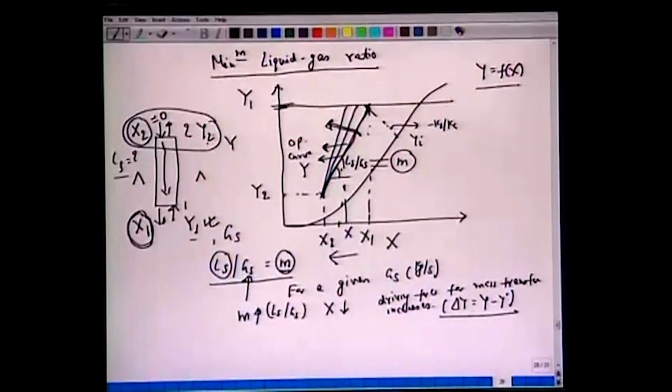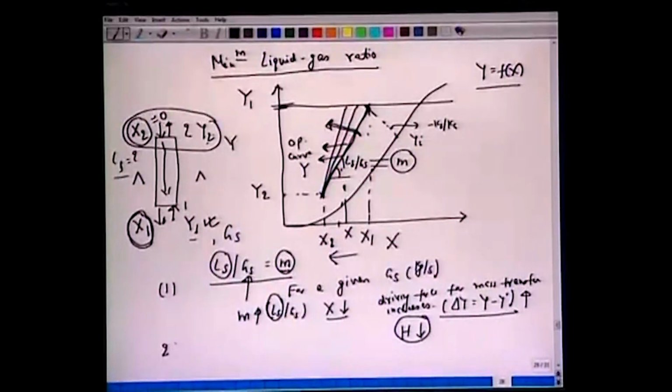And if the driving force increases, we expect the height of the column to decrease. So taking a large amount of liquid, we have a reduction in the height, and the concentration of the liquid exiting this column is also small. We will see what the significance is in a minute.